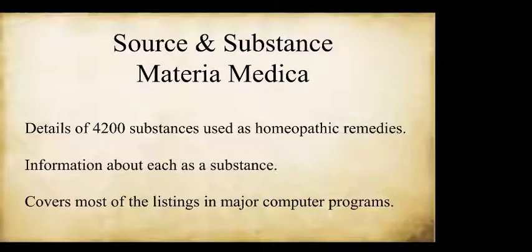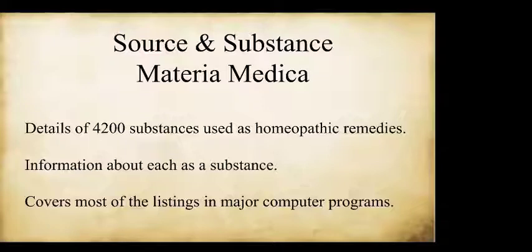It details the information on approximately 4,200 different substances that we use as homeopathic remedies. So, we have our traditional Materia Medicas, but we also want to gather information about each substance as its own substance. We're learning that this has a great contribution to understanding the remedy, understanding the substance, and being able to prescribe.